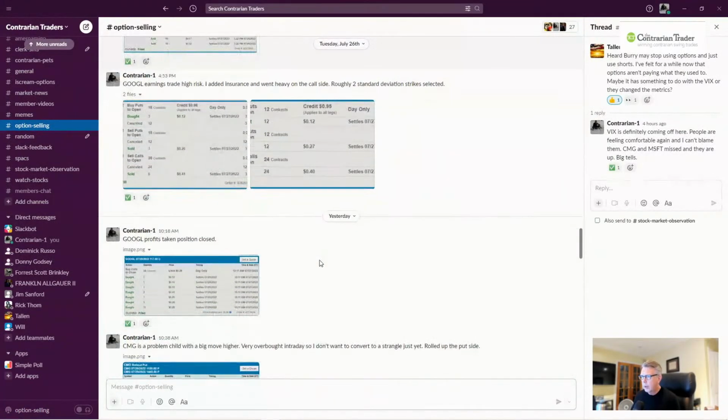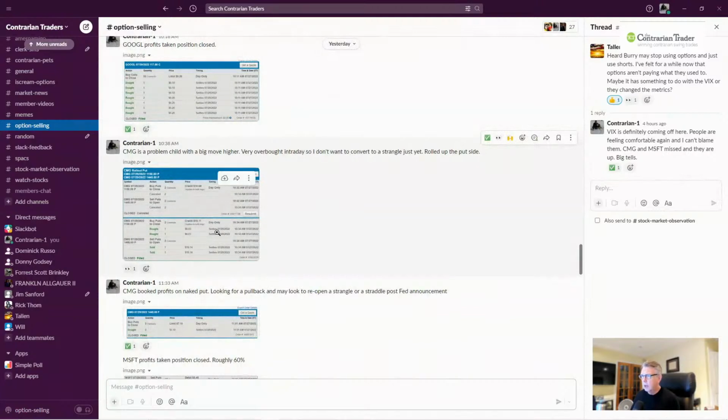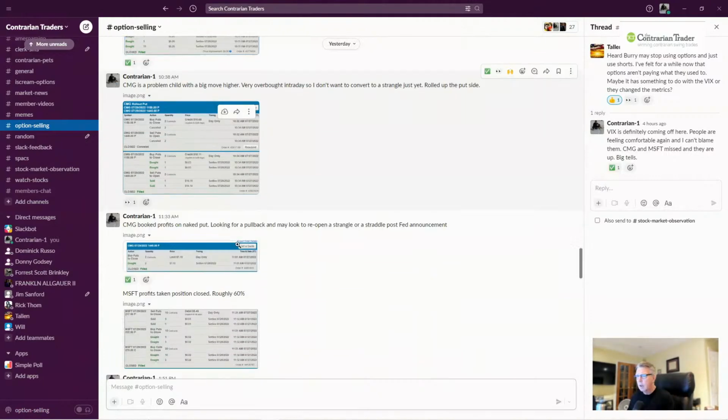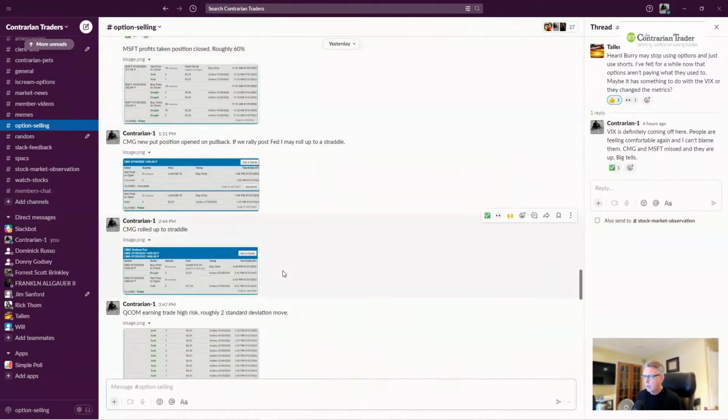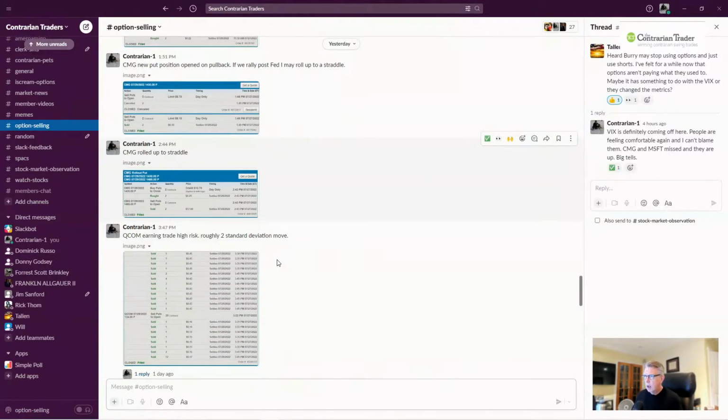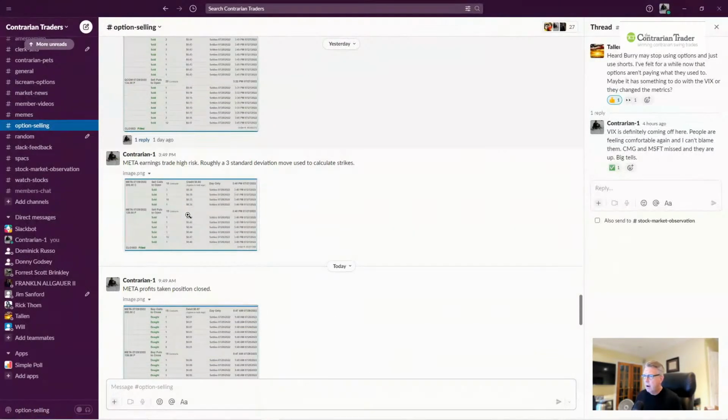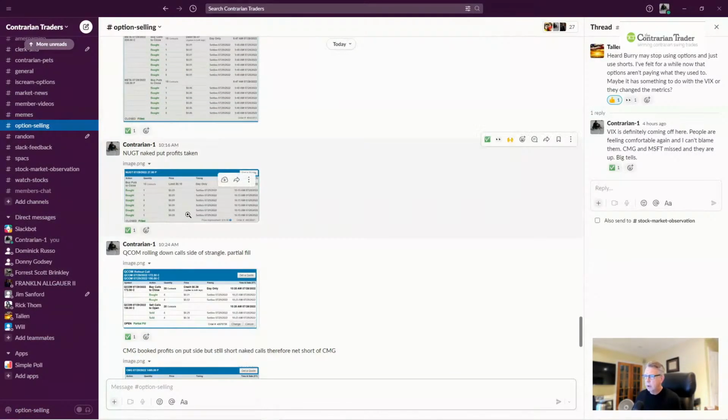We did Google earnings, CMG. This is our problem child. We had to roll this from a strangle to a straddle into next week. Big move up higher. We traded Microsoft. We rolled CMG. We traded Qualcomm, made money there. Meta made money there. We closed out those trades.